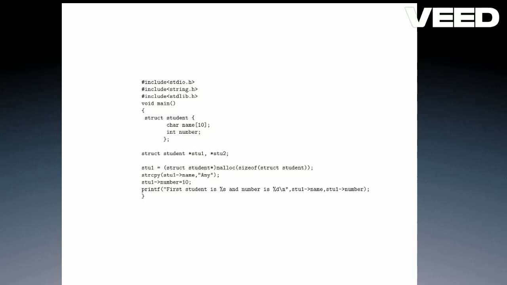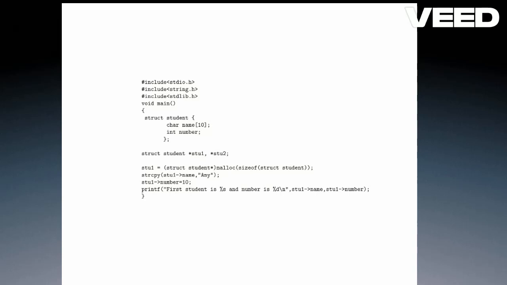When I am copying again the name Amy into the name field, I write stu1 arrow name, comma Amy. And similarly, when I am assigning 10, I write stu1 arrow number. And now I can print them out in the usual way, again using the arrow notation.